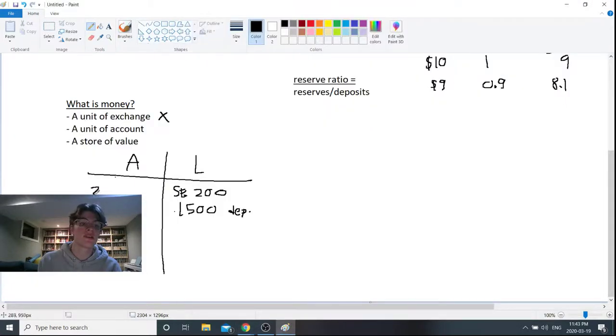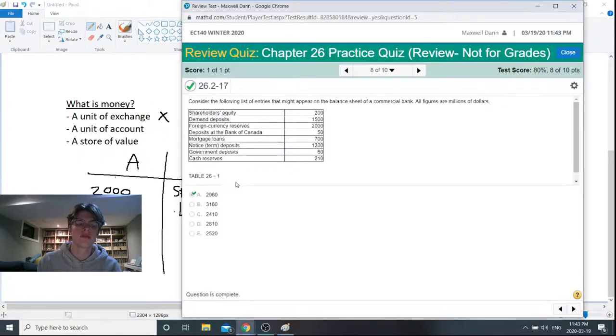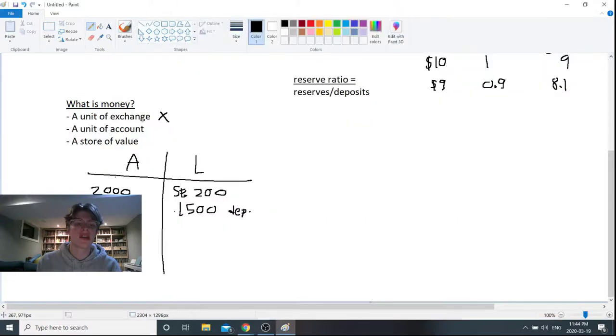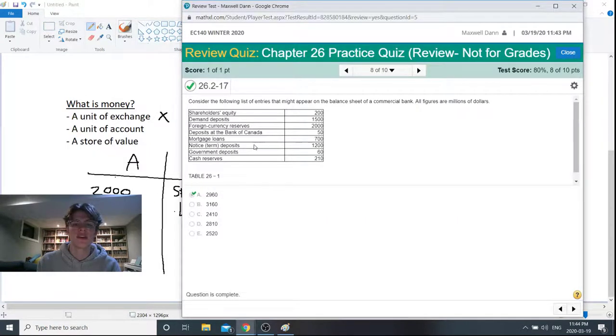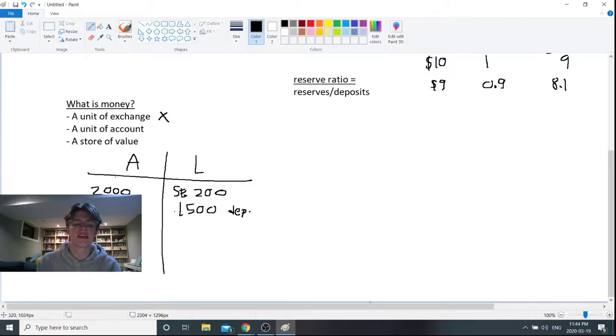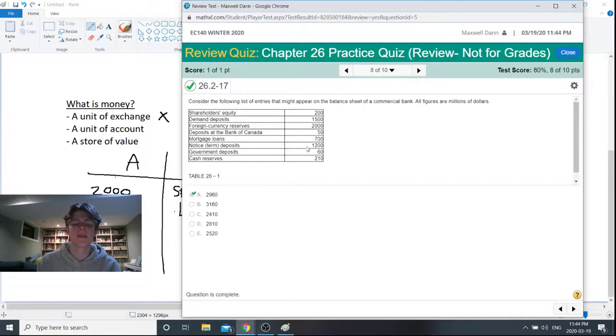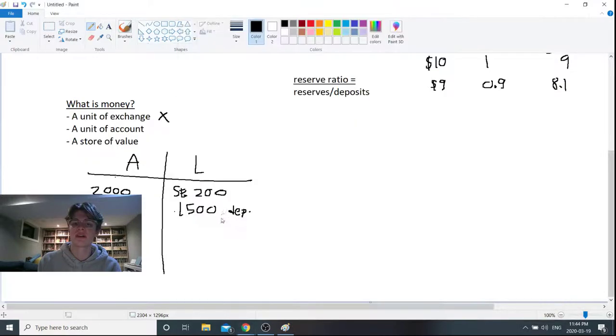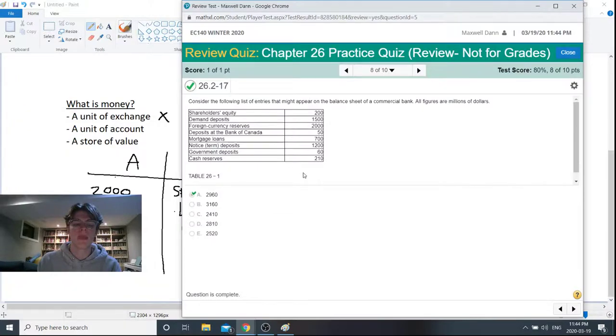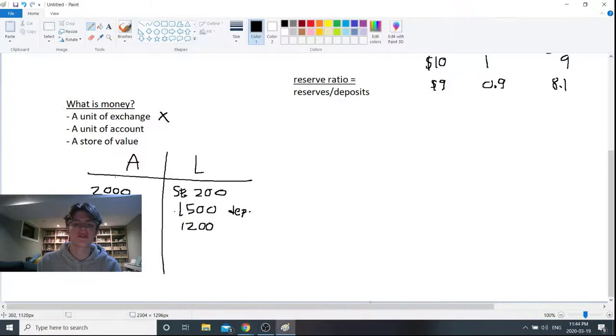Reserves are an asset that we have. 2,000. Then deposits at the Bank of Canada. We know that to be part of our reserves, which is an asset. Next, mortgage loans. Again, asset. Loans are an asset. Us loaning things to other people are an asset. Notice term deposits. Any deposits, 1,200 over here. And cash reserves, 210.